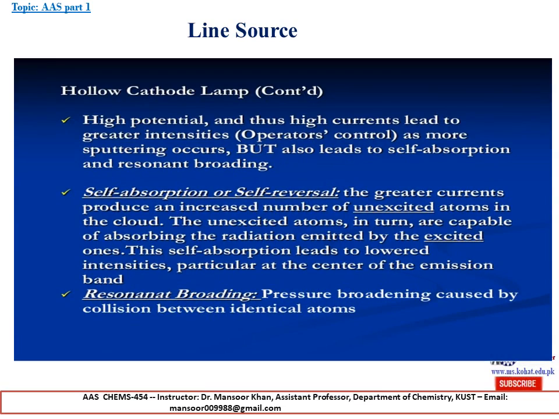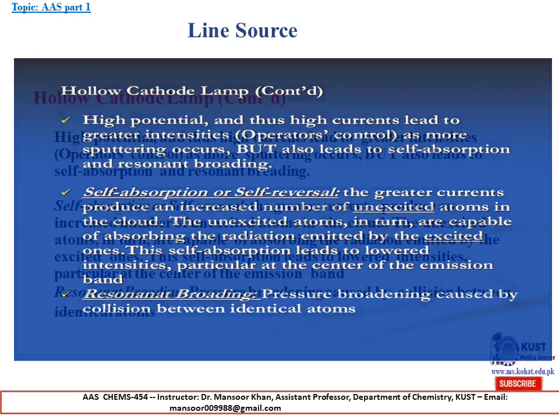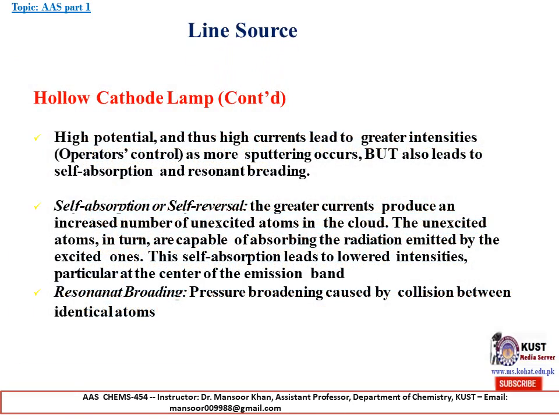In a hollow cathode lamp, high potential and thus high current lead to greater intensities.